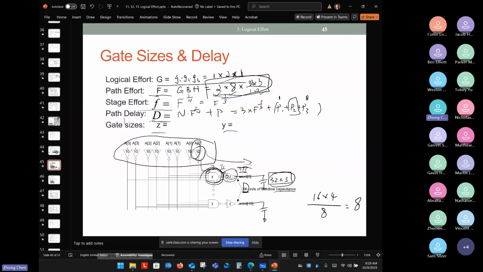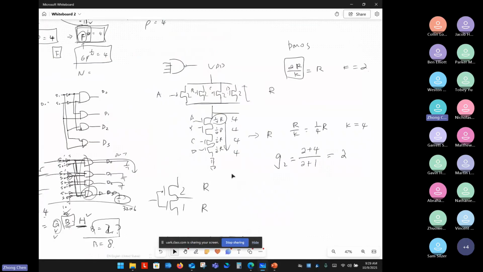What is the P2 value here, the parasitic delay for this 4-input NAND gate? No problem, we have the schematic here already. P2 is the total output capacitance divided by the unit size inverter output capacitance.